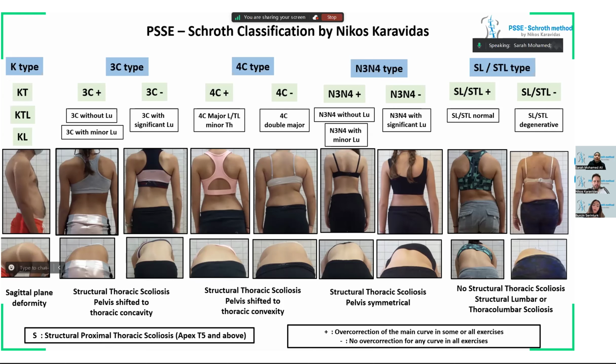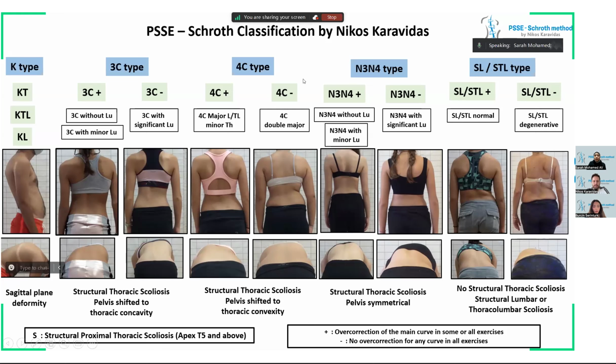Okay, the second question: where is the pelvis in relation to the trunk? If there is a right thoracic scoliosis, and the pelvis is also shifted to the thoracic convexity, it means that this type is 4C. So this is the definition: 3C type, structural thoracic scoliosis, pelvis shifted to the thoracic concavity. 4C type, structural thoracic scoliosis, pelvis shifted to the thoracic convexity.